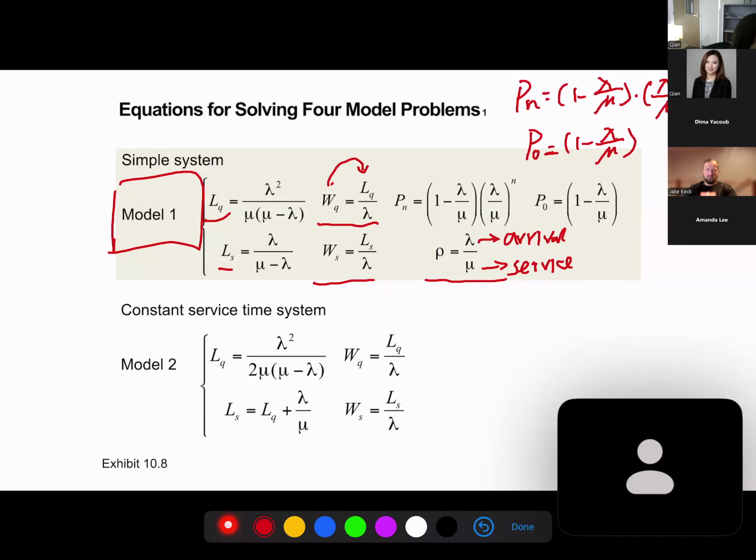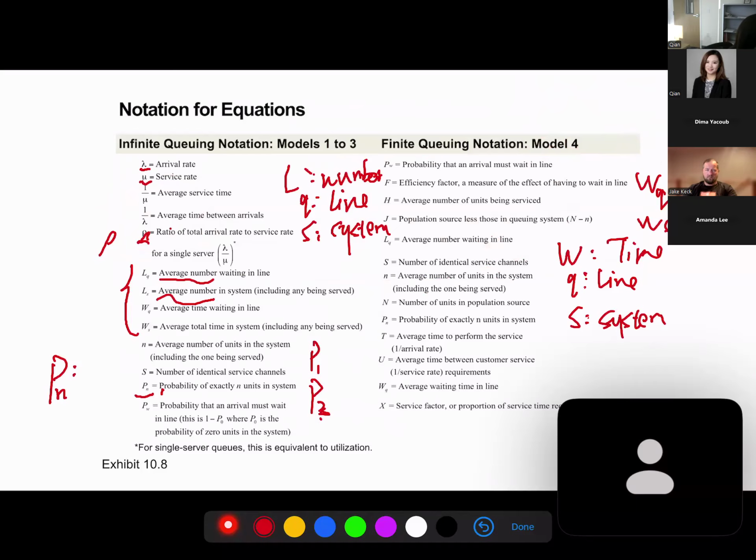But because n here is 0, lambda over mu to the power 0 is equal to 1, so we don't have this part anymore. So for P0, this is what we have. P0 means the probability of 0 units in the system, and Pn is the probability of n units in the system.